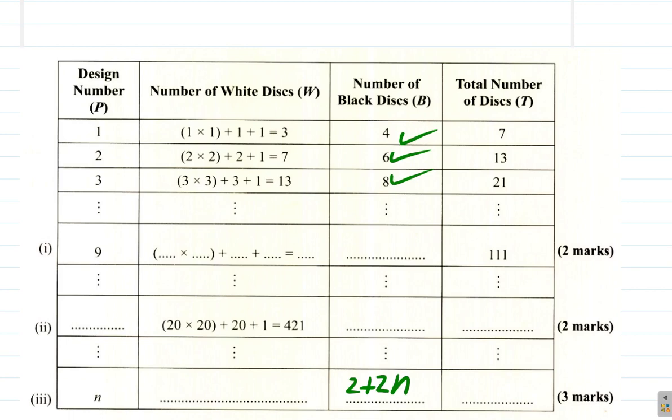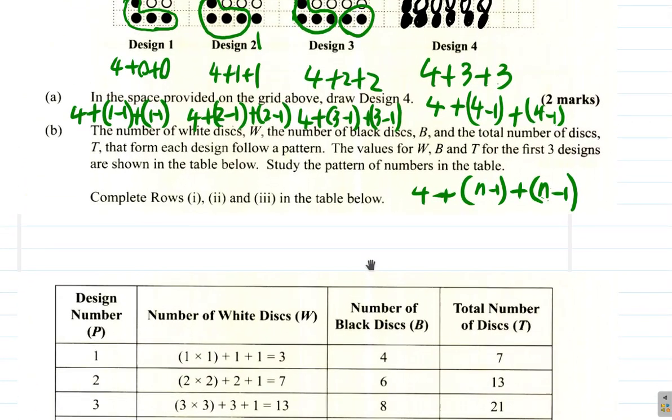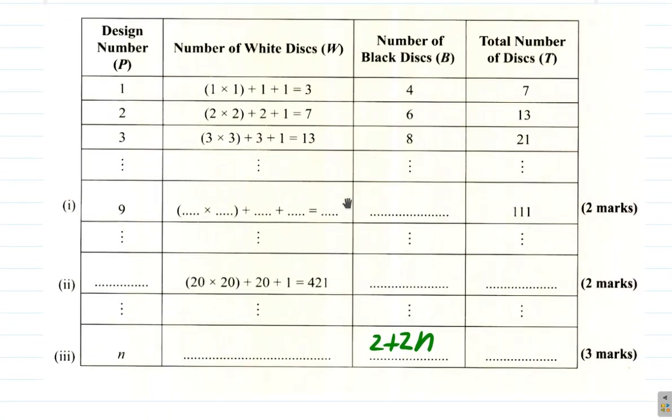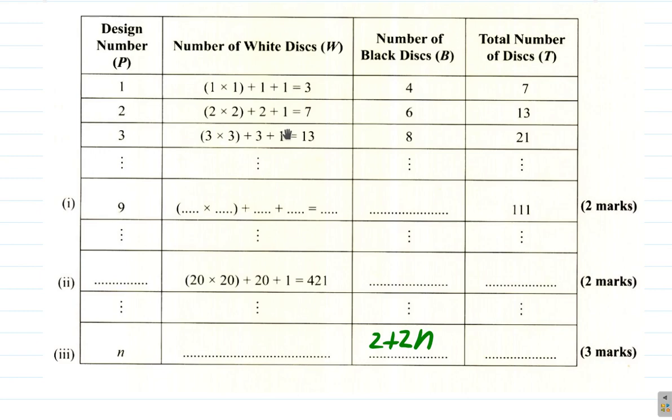Now, back to these. The number of white discs. Now remember, even though you have 1 and 2 above, I am going to attempt to write the pattern for the last row, n, and then I will test it on these to make sure everything is alright.